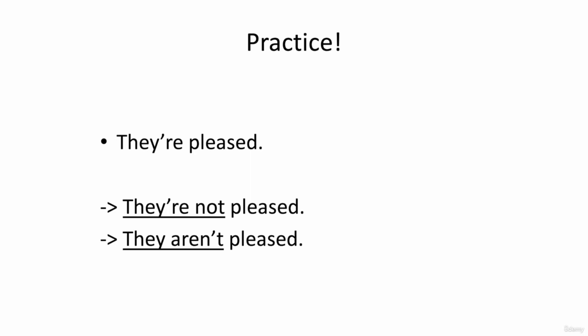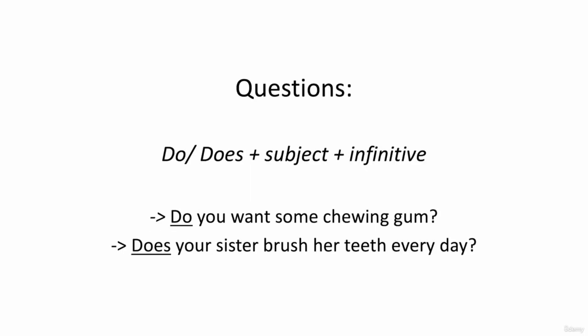Great job! Now that we know how to form negative sentences using the auxiliaries don't, doesn't, but also the negative contracted forms of the verb to be, let's move on to forming questions.